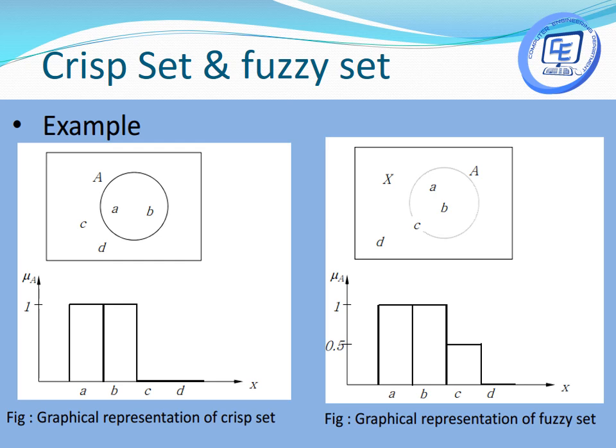Or let's say another example, if I ask the question whether a student is good or bad, then some students will be absolutely good, then a and b will be inside the circle. Some students will be absolutely bad, then they will be outside the circle, and maybe some students will be sharing some qualities, good and bad.